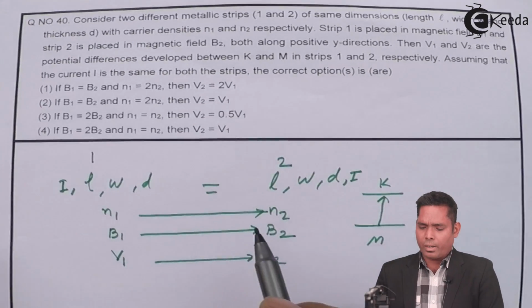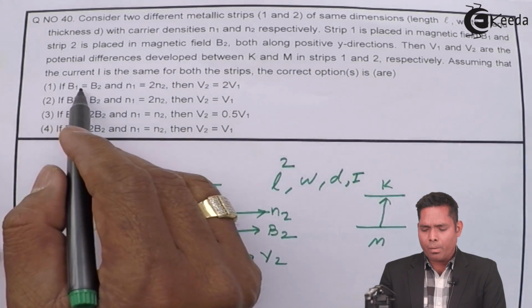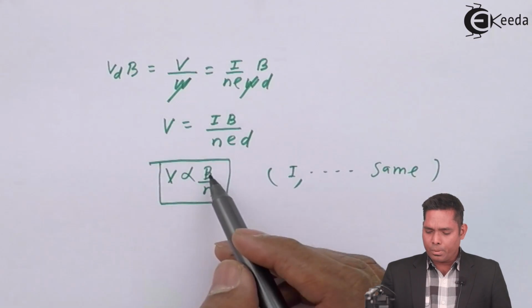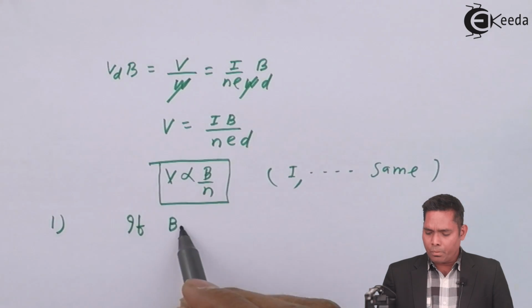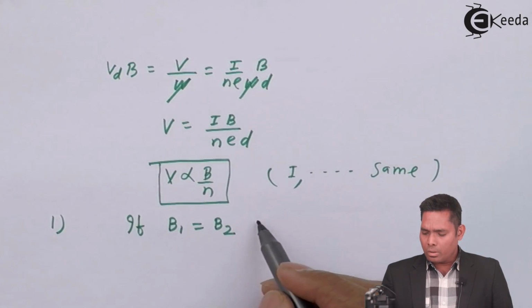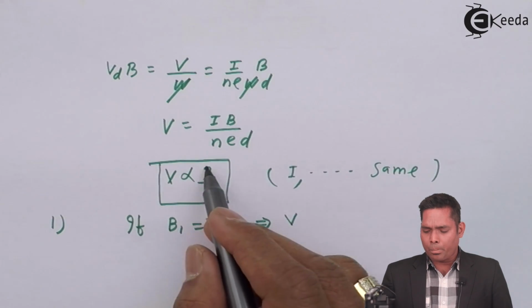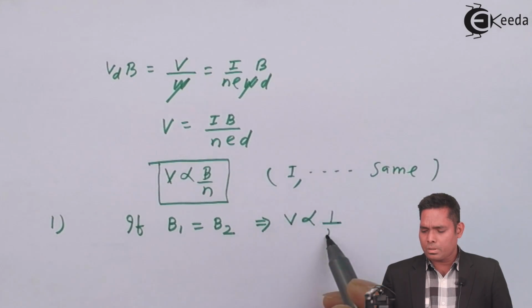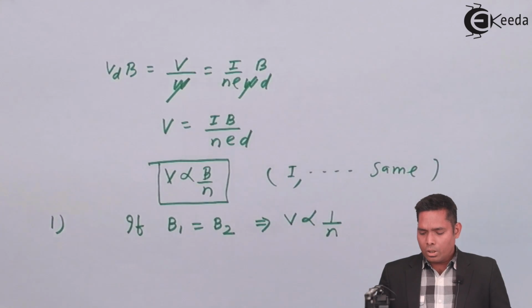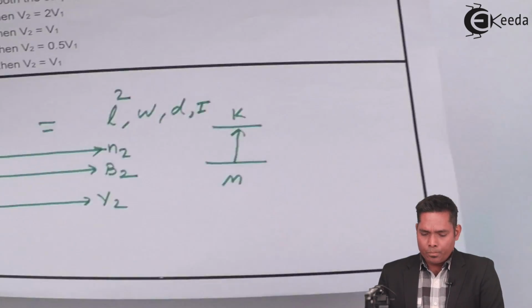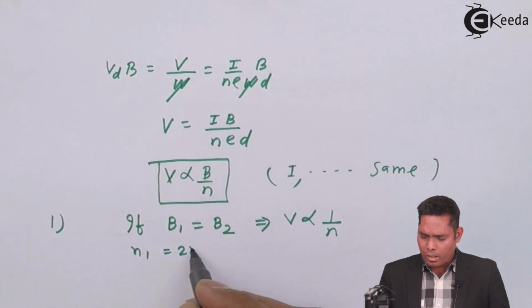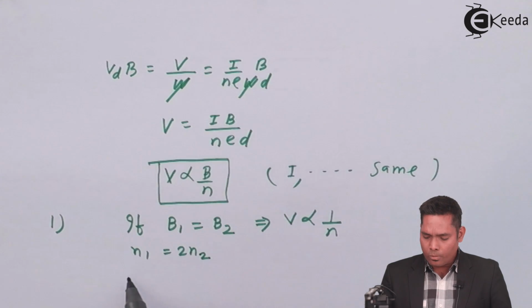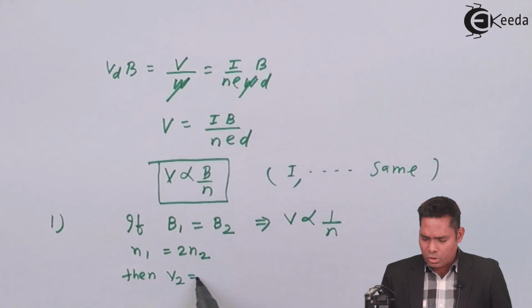The first option says that if B1 is B2, that is, if B is constant, then V is inversely proportional to N. It says that if B1 is B2 and N1 is 2N2, then V2 is 2V1.